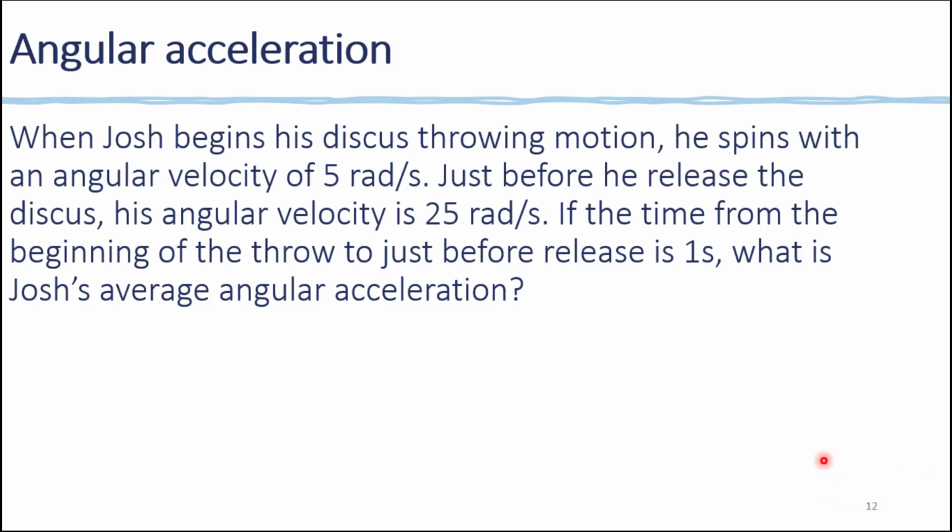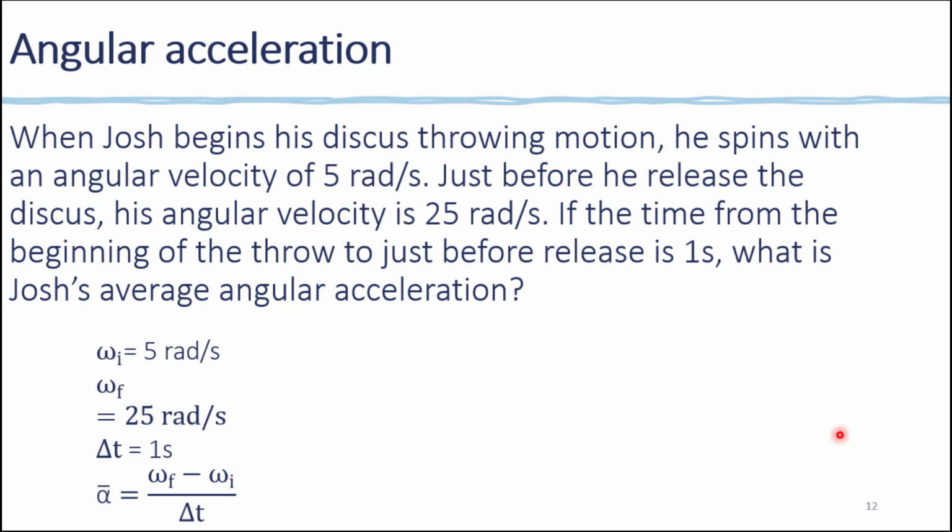So first, what do we know? His initial angular velocity is 5 radians per second, his final angular velocity is 25 radians per second, and the time is 1 second. And we, of course, know our equation for angular acceleration.